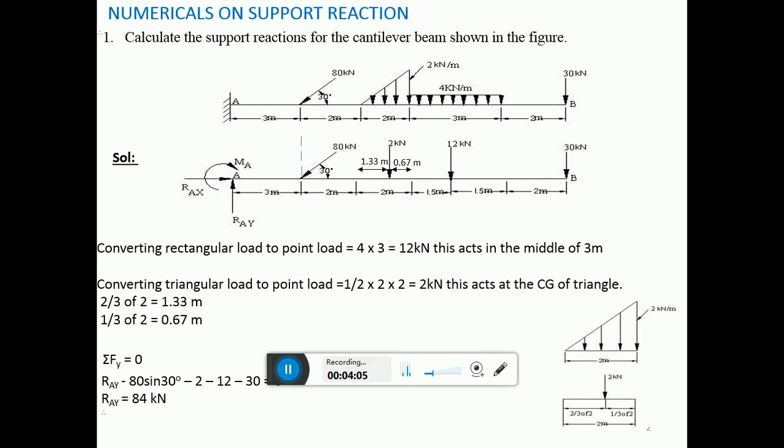I take the moment of each force with respect to the perpendicular distance. 80 sin 30 in the clockwise direction towards the point A into 3, 2 into 6.33, 12 into 3 plus 4, 7, 8.5, 12 into 8.5, all are positive. 30 into the whole distance, that is 7, 10, 12. 30 into 12 in the clockwise positive direction.